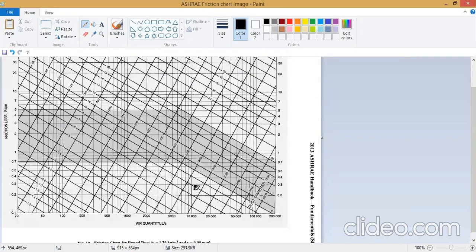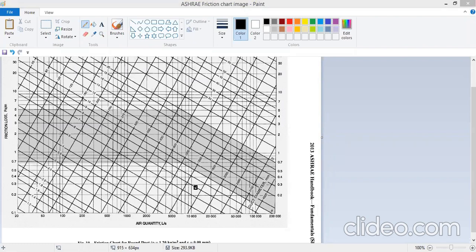The diameter corresponding to this is nearly 1525 or 1550. I took it as approximately 1550 mm, which comes to be 1.5 meters.